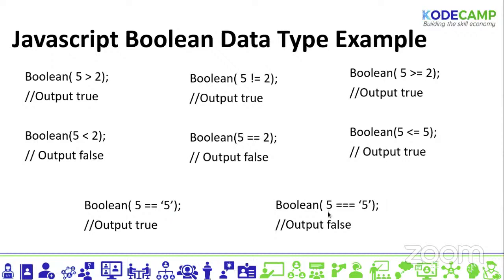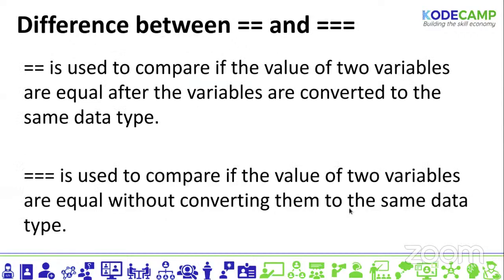Meanwhile, this other one compares this number to this string. Since this is a number and this is a string, they are not equal. We are going to do more of that very soon. So the difference is that this one with the double equal sign means is equal to, while this one means is equivalent to.